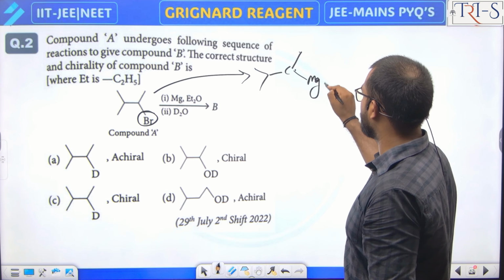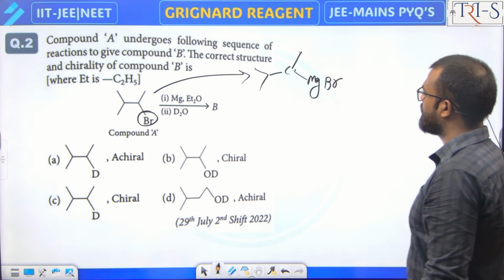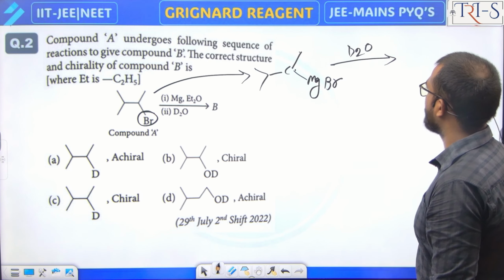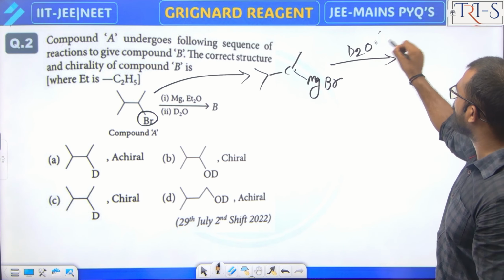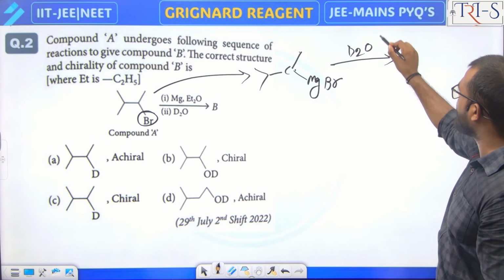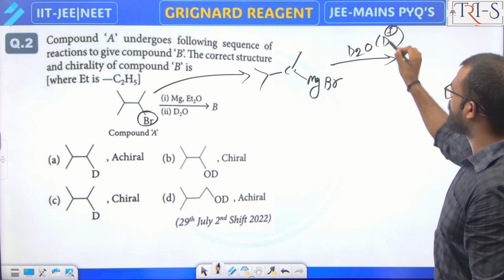Now the next is when it reacts with D2O, and D2O here acts as an acid and it can provide D plus to this compound.